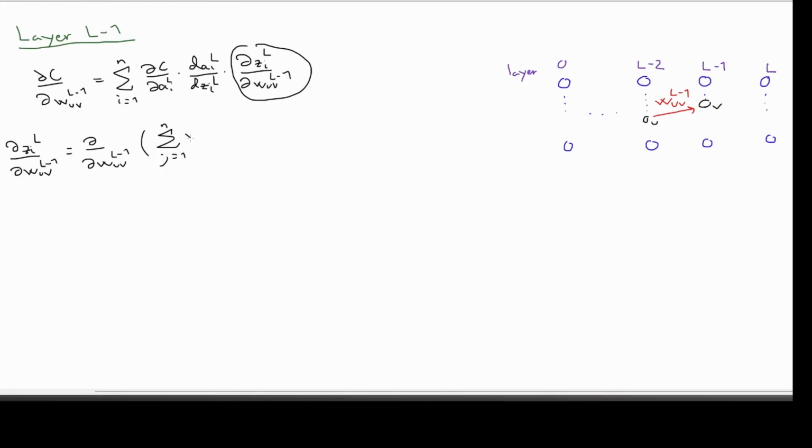But here I get the weight from j to i at layer L, multiplied by the activation of the jth neuron in the previous layer, plus the bias term at the ith neuron at the output layer. Because remember, we're considering the weighted input of neuron i at the output layer.